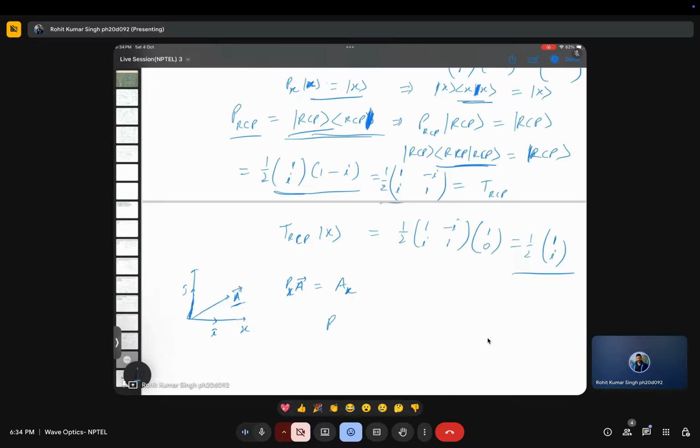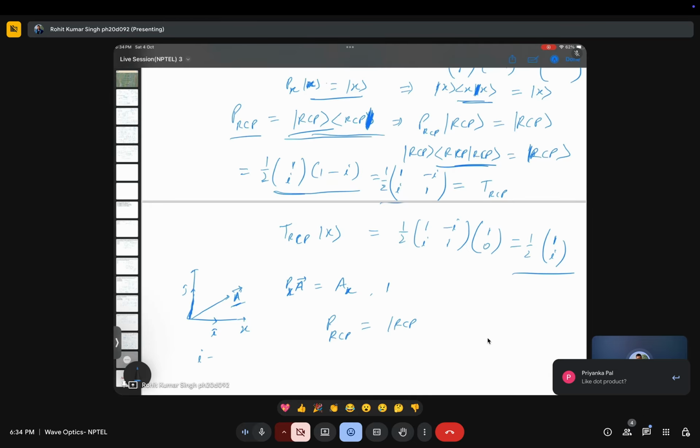So we have this polarization projection vector which is given by this, and you can use the projection vector like this.